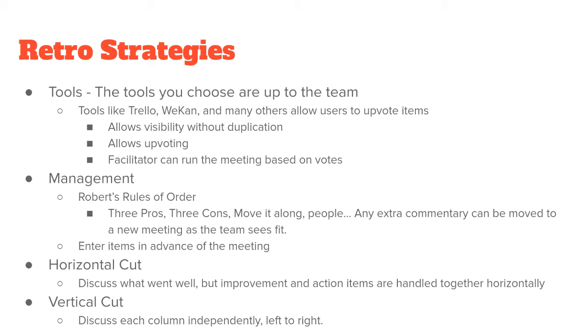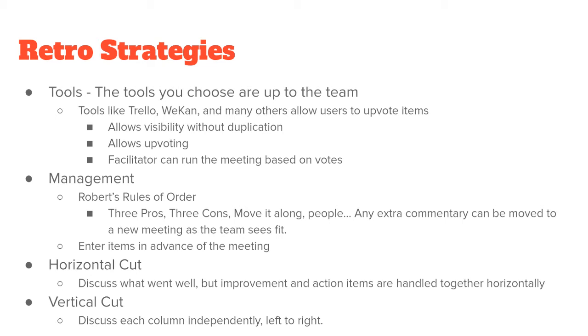It doesn't really matter what tools you use, but you do need some sort of process, and a tool is a great way to support that process. If you use something like Trello, people can write their own little cards for what they want to talk about during the retro before the retro happens. You can rank them by order of importance, and then during your retro, the facilitator can run that meeting.